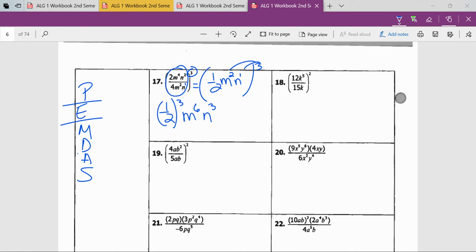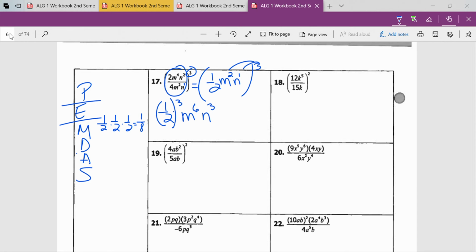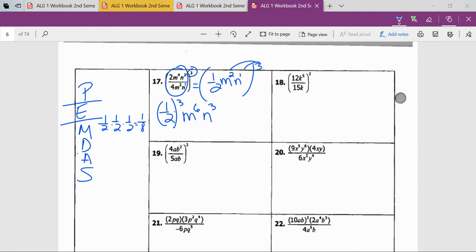You can put this in the calculator, or if you want, you can write it like this: 1/2 times 1/2 times 1/2, and then you just multiply across. 1 times 1 times 1 is 1. 2 times 2 is 4 times another 2 is 8. Or you could use the calculator. If you're going to use the calculator, make sure you put parentheses around the fraction. So our answer is 1/8 m to the 6 n to the third power.